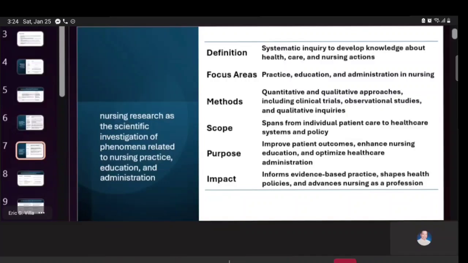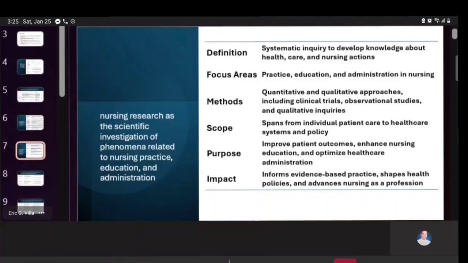For example, a study can be conducted to investigate new pain management techniques, strategies to prevent hospital-acquired infections can also be a point of inquiry, or maybe interventions to improve patients' adherence to treatment plans. So these are samples when it comes to nursing practice.